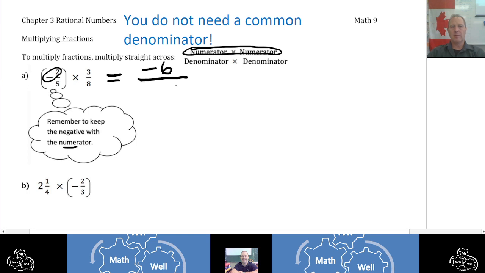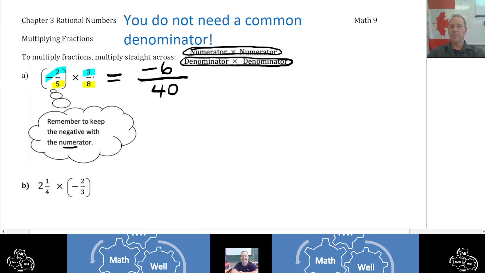You see that? And then 5 times 8. So once again, I did negative 2 times 3. And now on the bottom, I'm going to do 5 times 8. Don't use the negative twice. Only use the negative once. And this is going to be 40. I just did denominator times denominator.